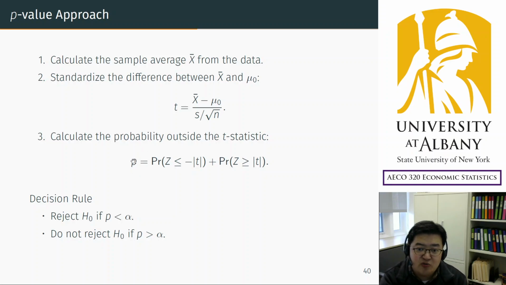If the p-value is reported, your decision rule is based on the p-value versus alpha. If the p-value is smaller than alpha, reject. If greater, don't reject. This is how the p-value approach is implemented.